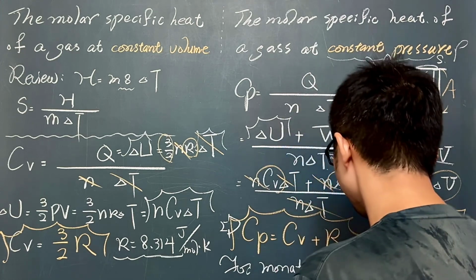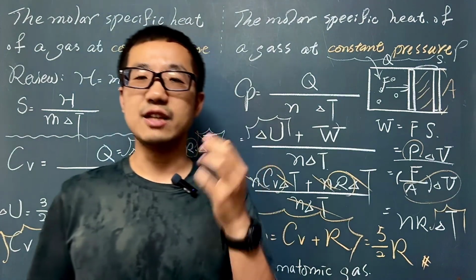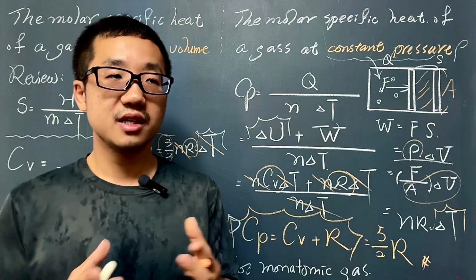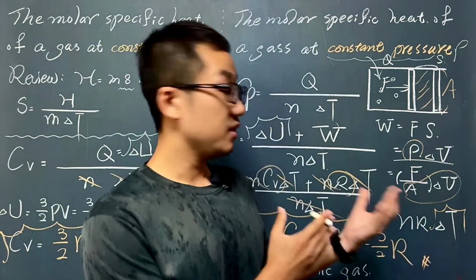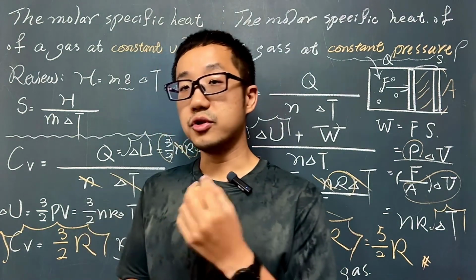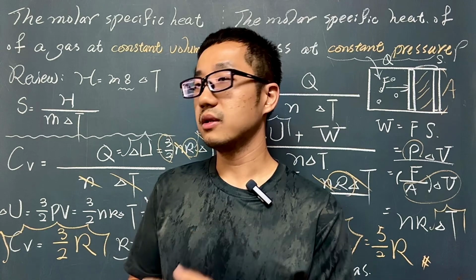Monatomic gas, in my mother tongue, 单原子分子. If you want to know the CV and CP for diatomic gas, maybe I should introduce you the concept of degrees of freedom. I think I'll talk about it in the future.